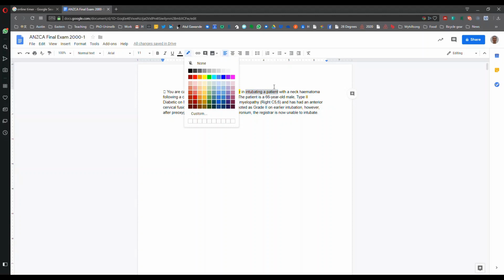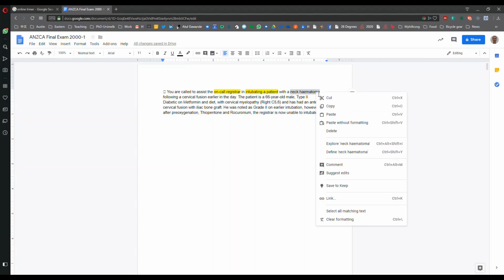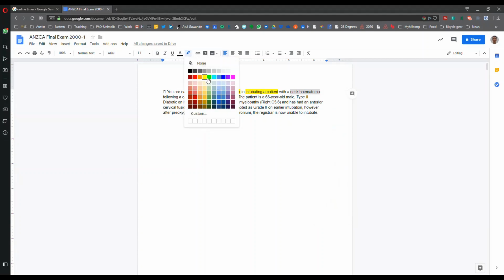Why isn't that working? Neck hematoma. Can I highlight here? No, it won't let me highlight. Following a cervical fusion, same day. Okay, so this patient's bleeding.